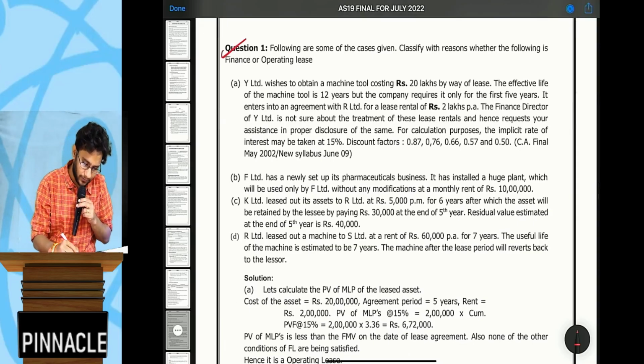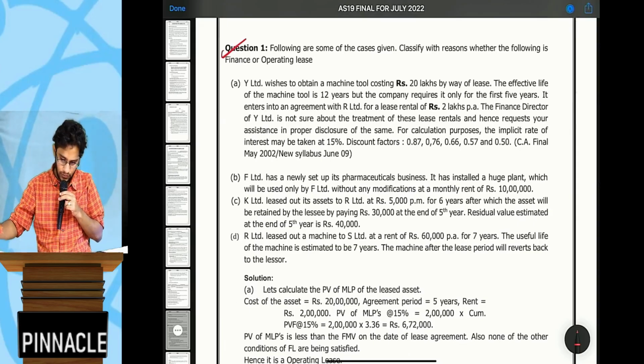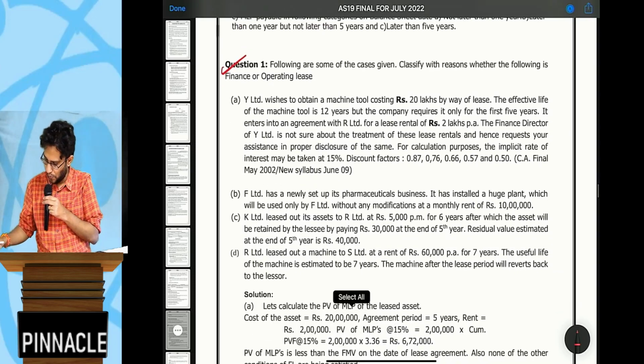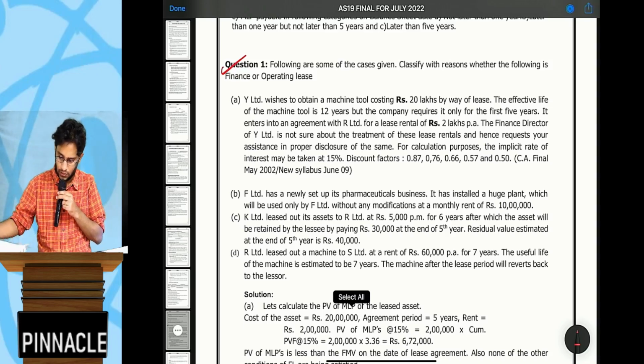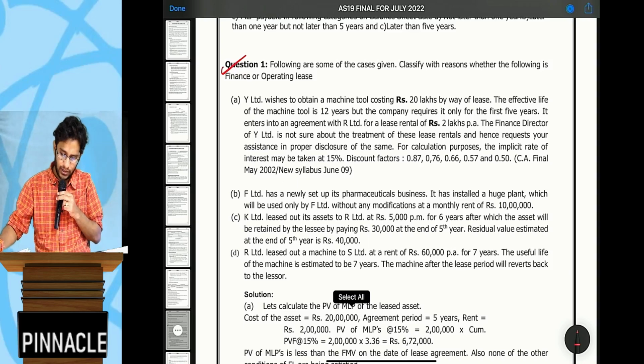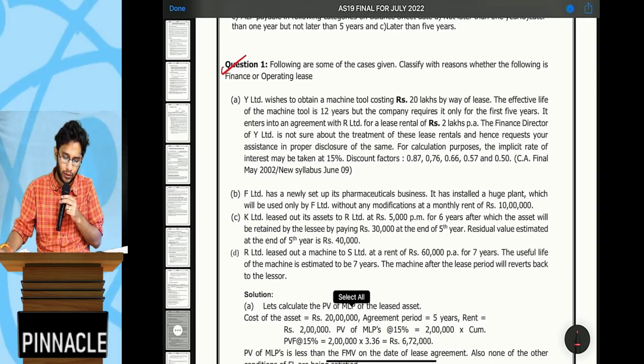Please come to question number 1, page number 71. Following are some of the cases given. Classify with reasons whether the following is a finance or operating lease. Number 1. All 5 are independent cases, sir.